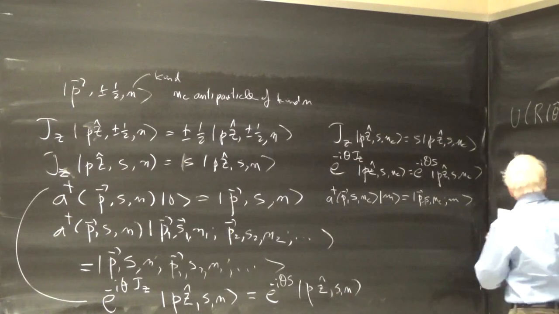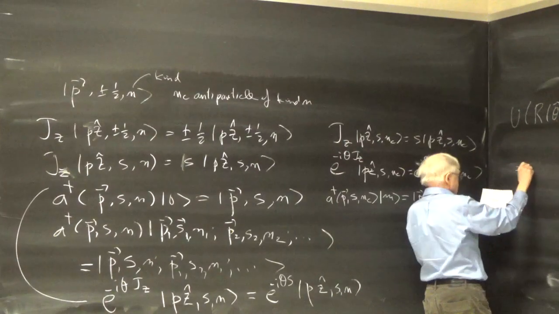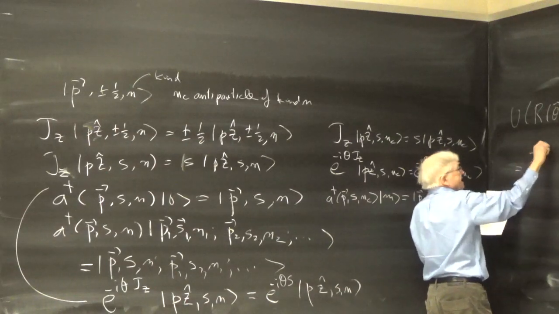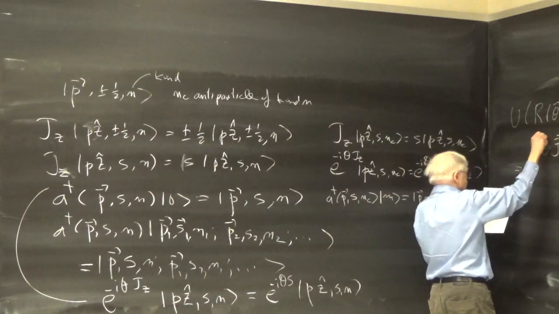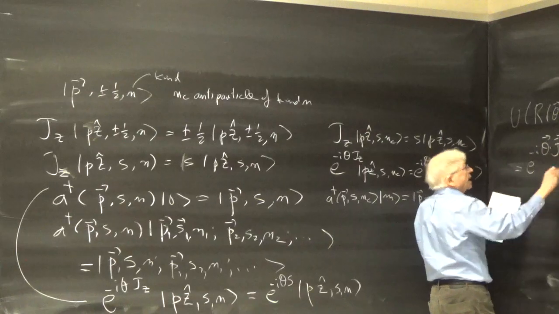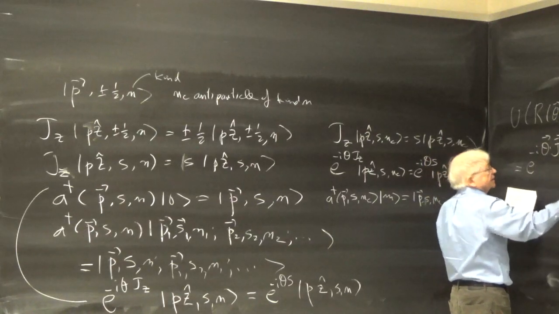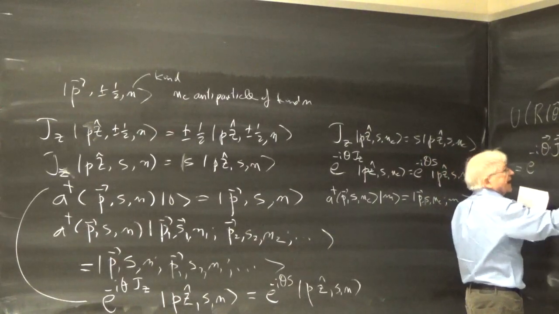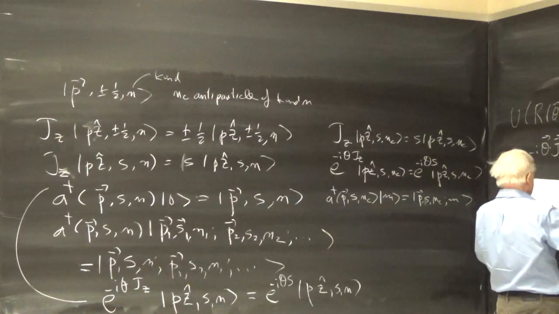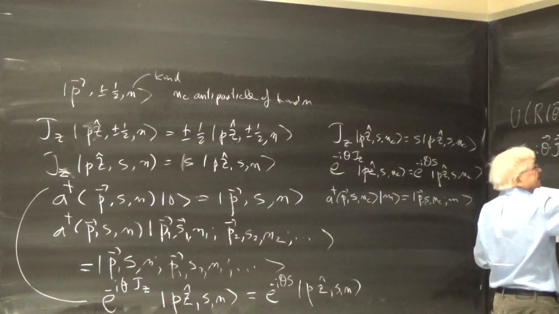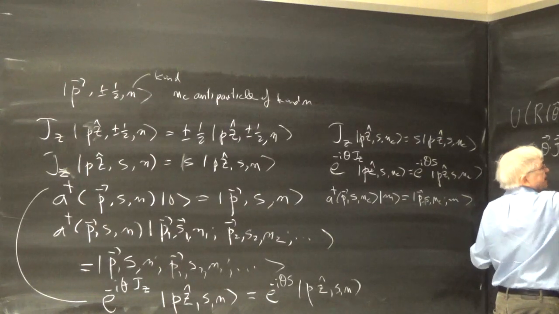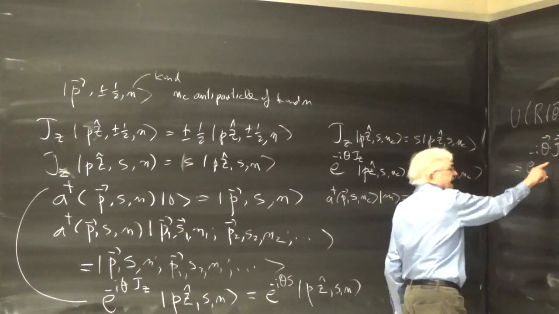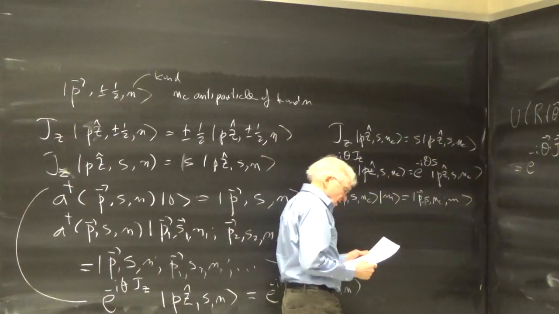Well, let's not use too many blackboards at once. So e^(-iθ·J) a†(p, s, n) e^(iθ·J). So this J is the angular momentum operator.